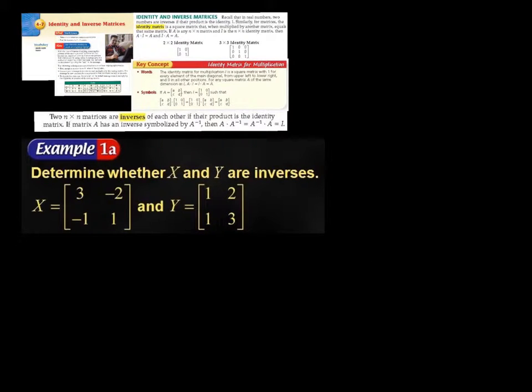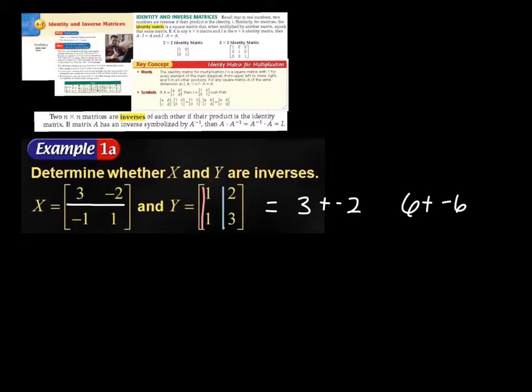Determine whether X and Y are inverses. So again, when we multiply, we're going row by column. So 3 times 1 is 3, plus negative 2 times 1 is negative 2. And first row, second column: 2 times 3 is 6, plus negative 2 times 3 is negative 6.